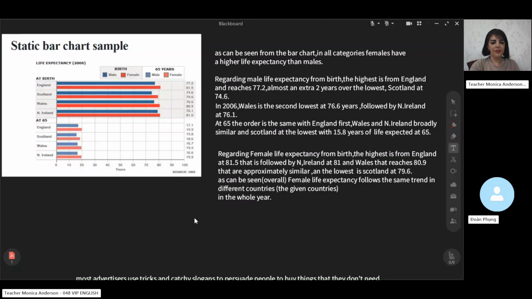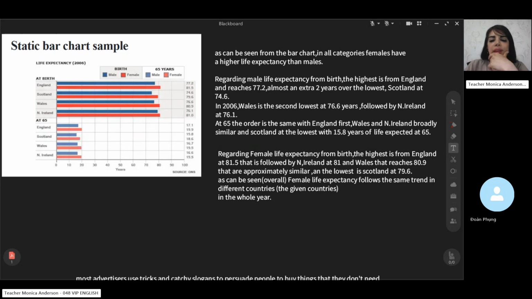But teacher, we didn't compare the female and male. What do you mean by comparison? I thought we should have a paragraph comparing male life expectancy and female.